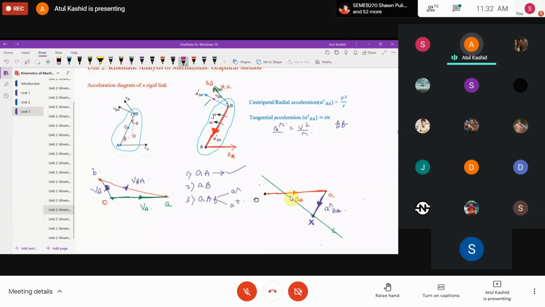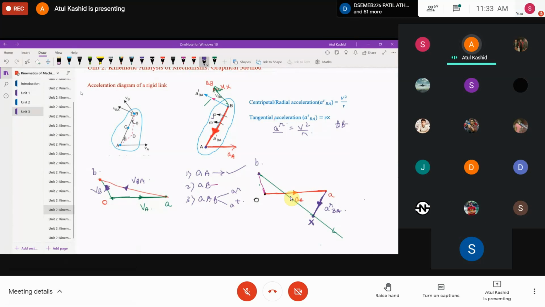So we know that this is acceleration B, that means with respect to the fixed point, the absolute acceleration of the point B. So from O to B, I will go and it will be parallel to this line, right? And I will extend this also. And here you can see the intersection of these two lines. I'm going to get a point B over here. So this will be my point B.